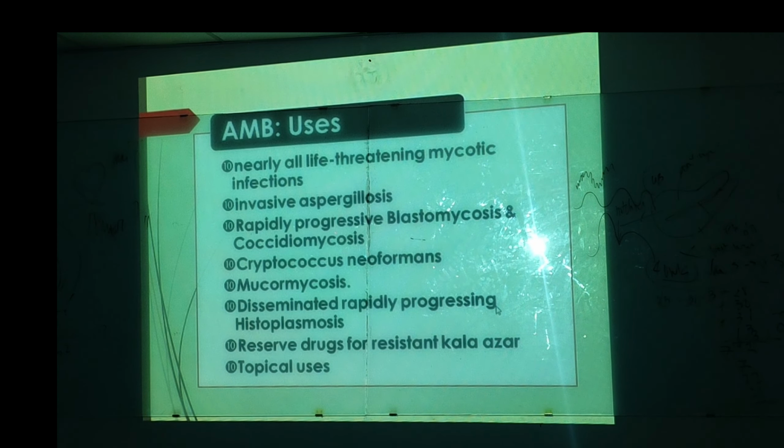Okay, these are the different uses of your amphotericin B for life-threatening mycotic infections. So you don't use this just for skin fungal infections.